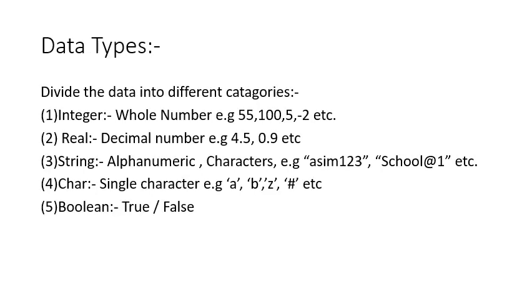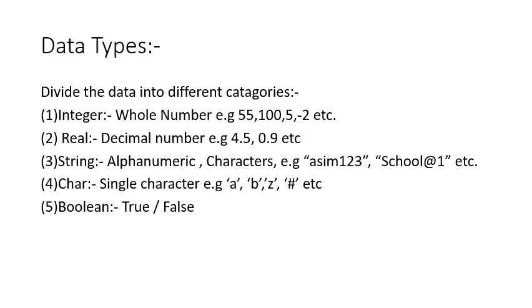Data types. Integer is a whole number, for example 55, 105, where there is no decimal point. A real number is also called a float number, that is a decimal number, for example 4.8, where the point is involved. String means alphanumeric characters, for example Asim 1, 2, 3.